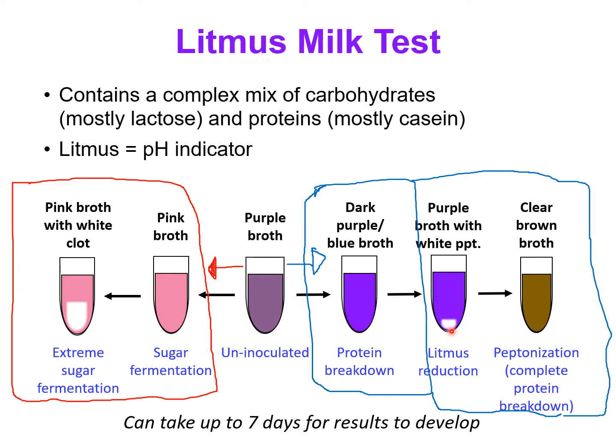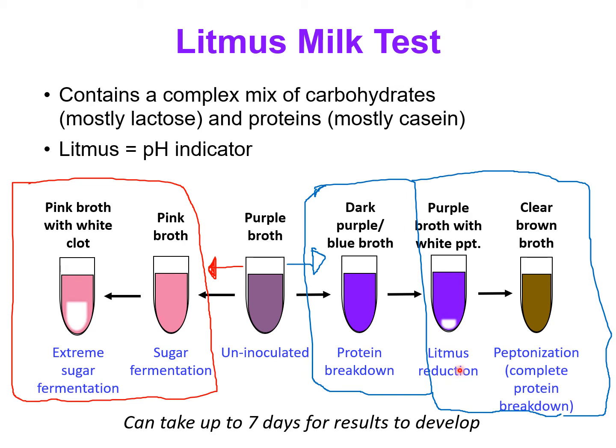What is that white precipitate? The white precipitate is actually the litmus, that pH indicator that we added in here. That litmus is actually being reduced. Reduced meaning it's going through the redox reaction, and we talked about reduction before. Remember the mnemonic OIL RIG? Reduction is gain.